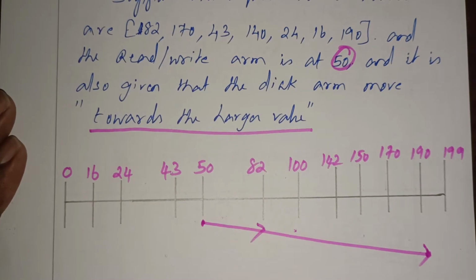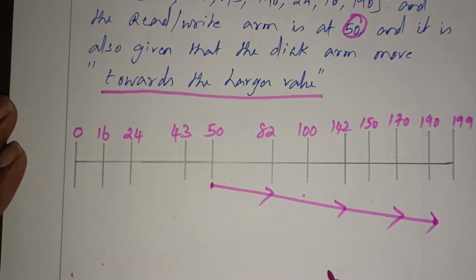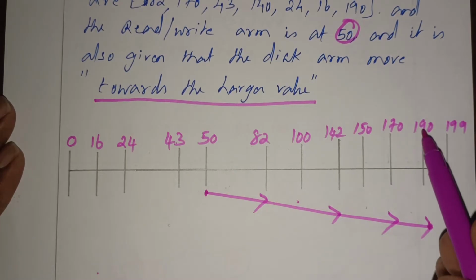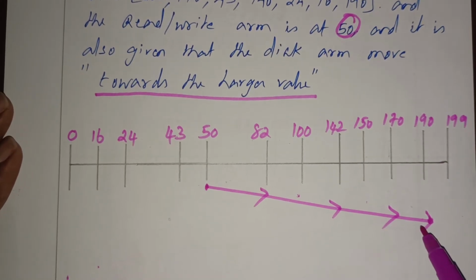It serves 82, and it serves 140, and it serves 170. Anything else I missed? It stops exactly on 190 and serves 190. It is not moving forward after 190 because no more requests have been provided after 190, so it will reverse back.